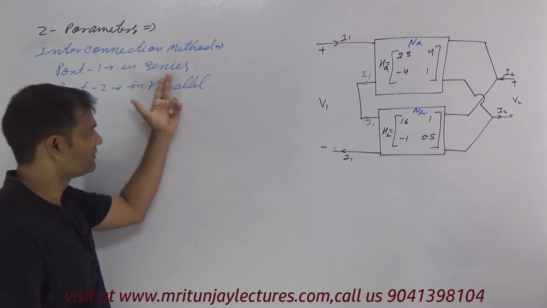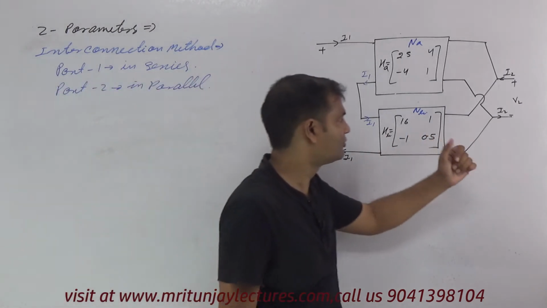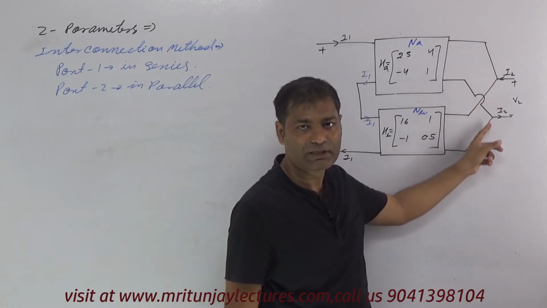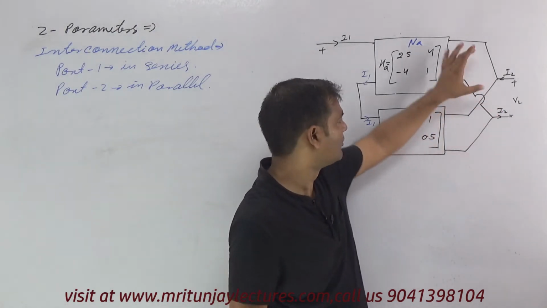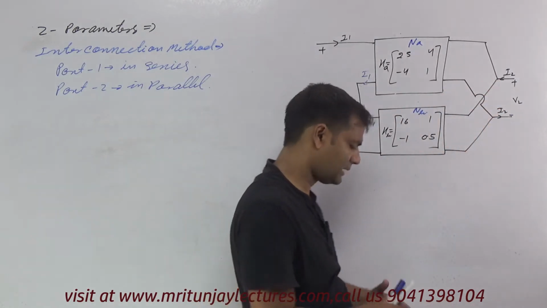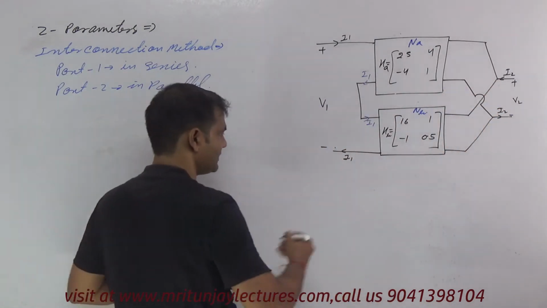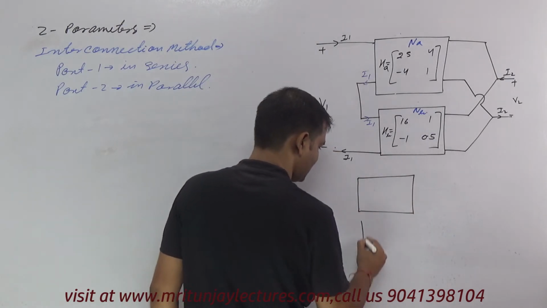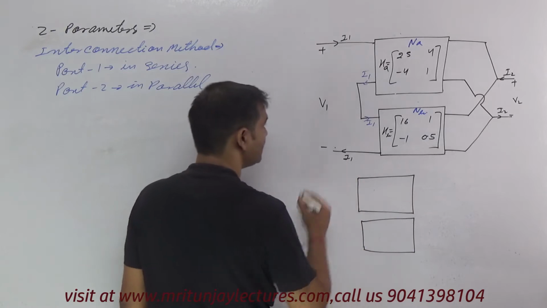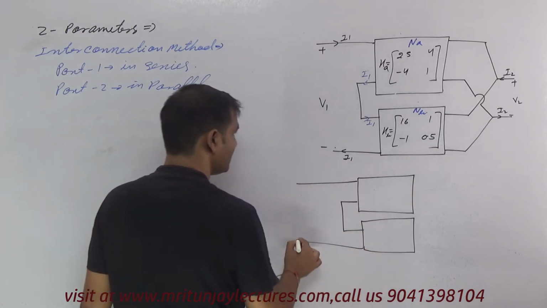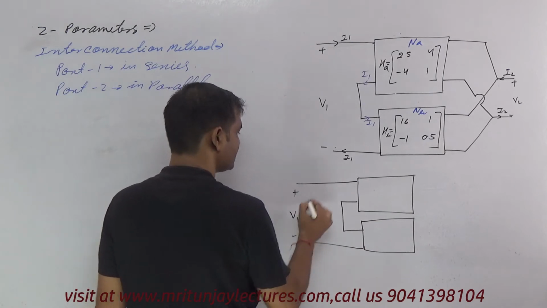That's why port 1 is series. Now port 2: in both branches the current is different. If you have any doubt whether it is series or parallel, make another circuit. Port 1 is very clear, but your doubt is about port 2.